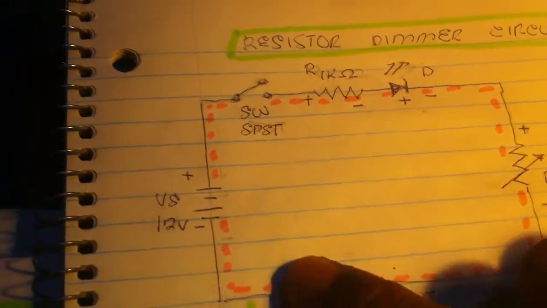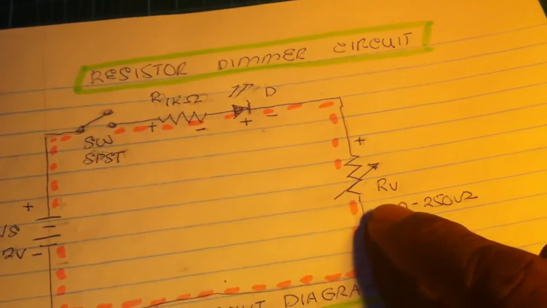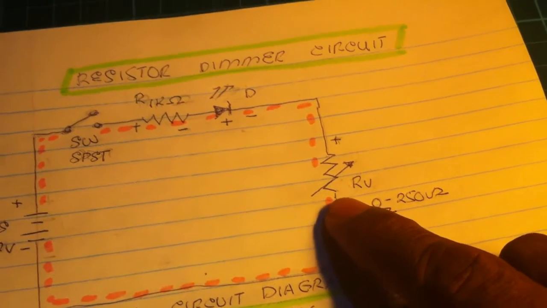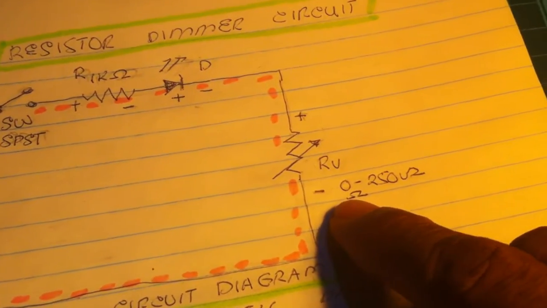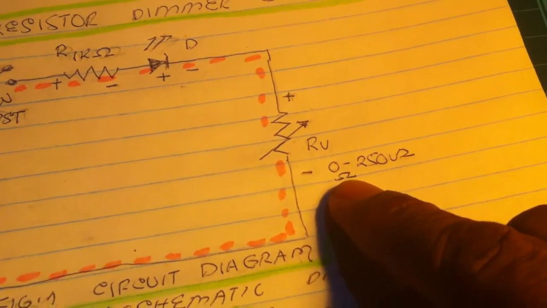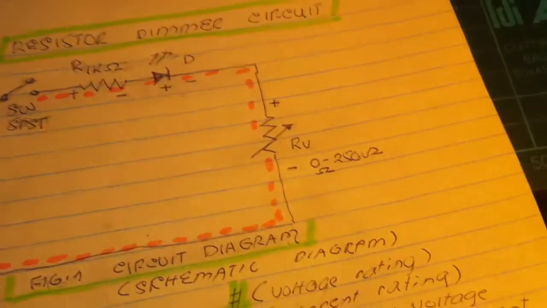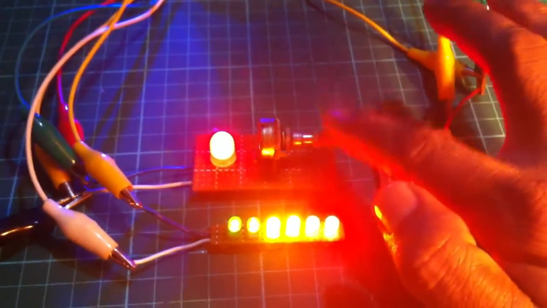We have a 12-volt supply, switch, resistor, LED, and what you call a variable resistor. You see the symbol with an arrow, and it has a resistance value of 0 to 250 kilo ohms. So that is the circuit diagram of this. This is our dimmer circuit.